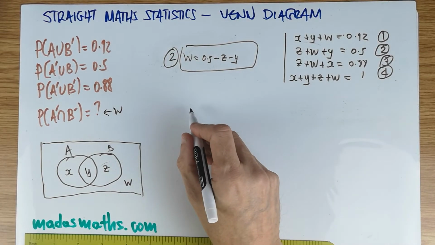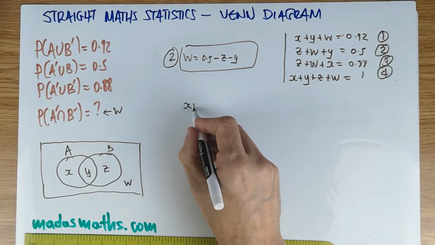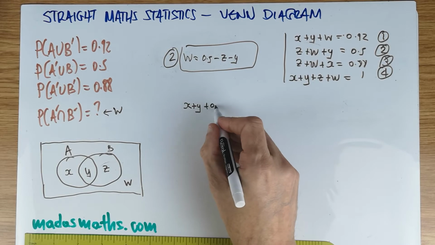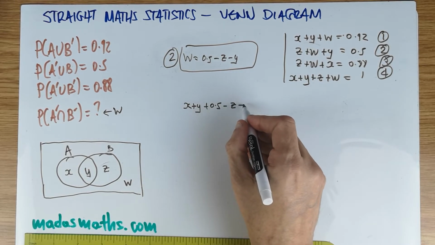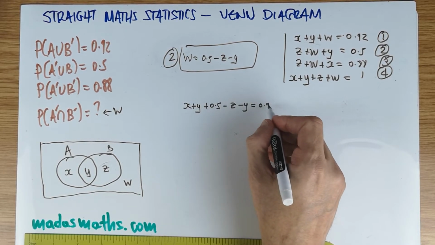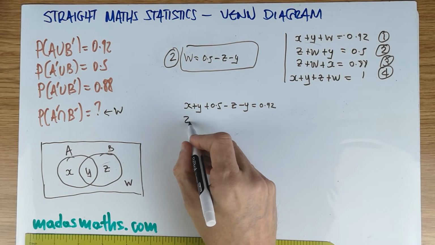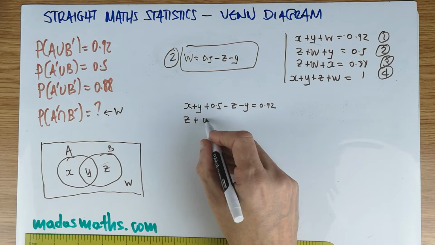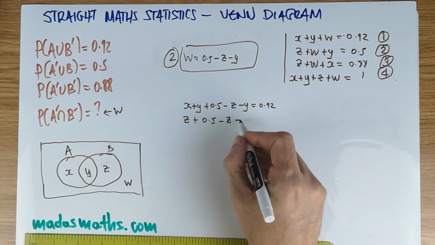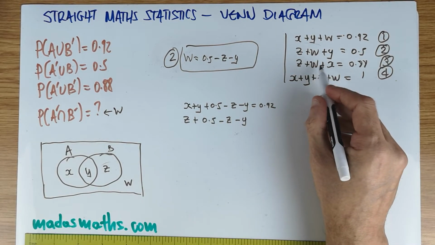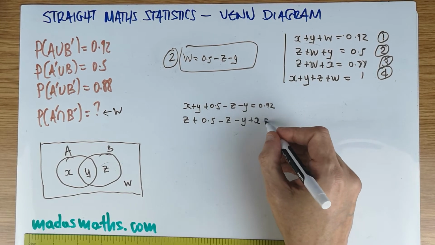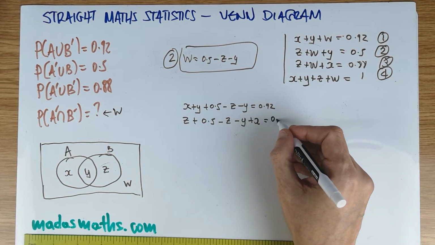So I'm making W the subject, so eventually it's the W that I'll be trying to find. Okay, we're going to put that into the other 3 equations. So X plus Y plus 0.5 minus Z minus Y is equal to 0.92. Z plus the W, so that's 0.5 minus Z minus Y, plus another X is equal to 0.88.